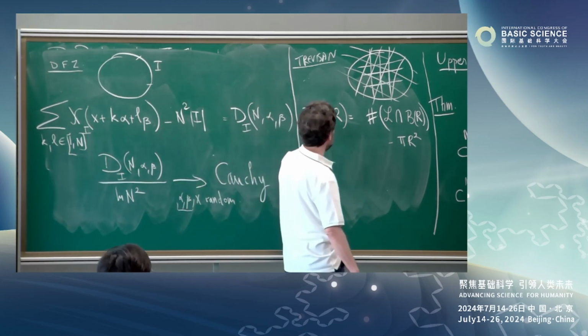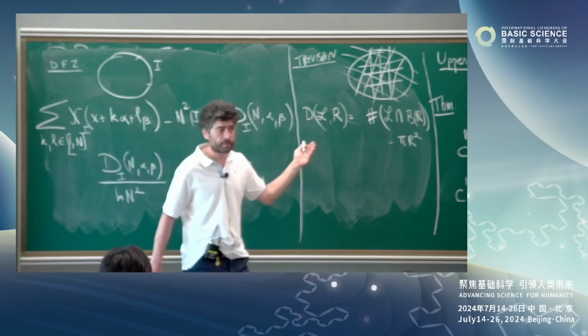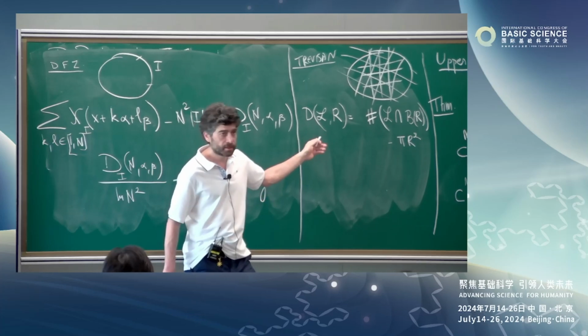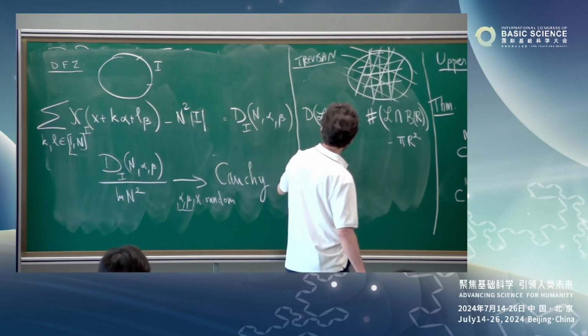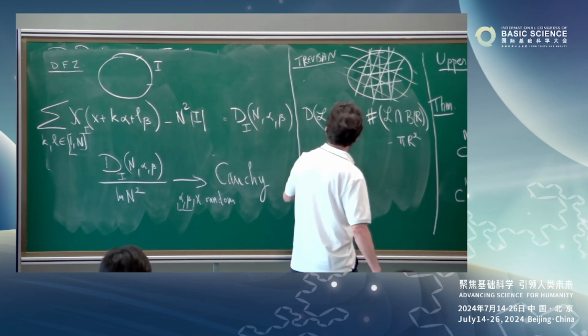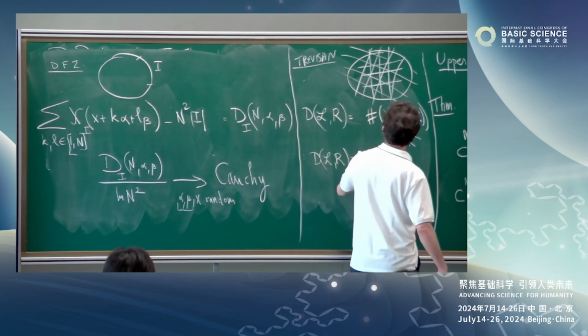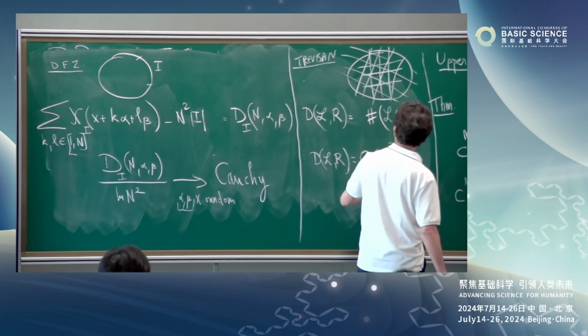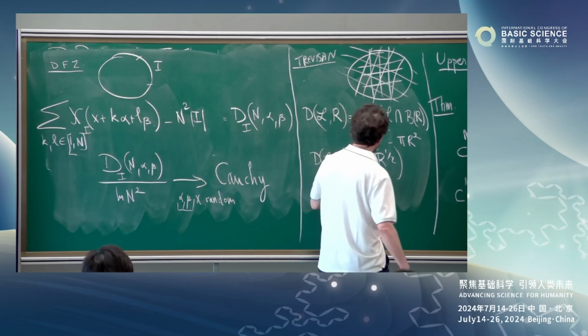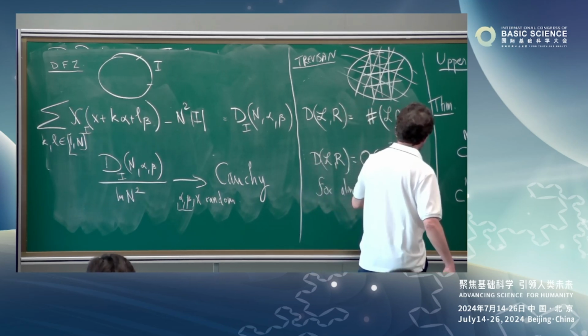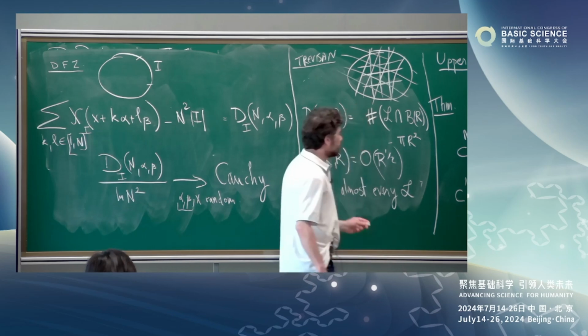Then you can ask the same question as Gauss or Hardy. And it is open: do we know that D(L, R) equals O(R^(1/2)) for almost every L? This is not known.